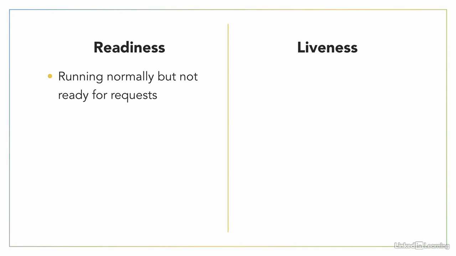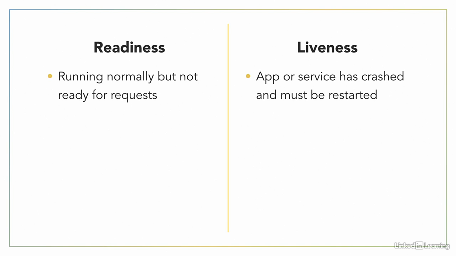Now, for some hosting scenarios, a couple of health checks are used to obtain the current state of the application or service. Readiness indicates that the service is running, but it's not ready yet to process the incoming requests. In contrast, liveness indicates that the service has crashed and it can continue working until restarted or be fixed.